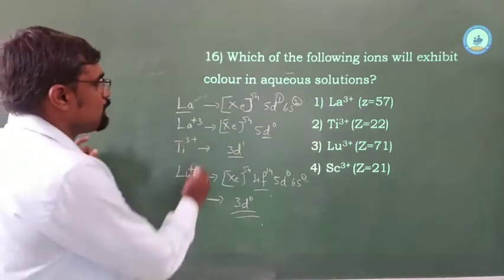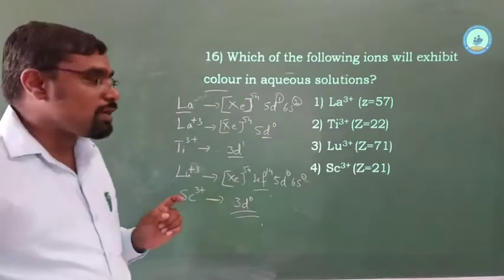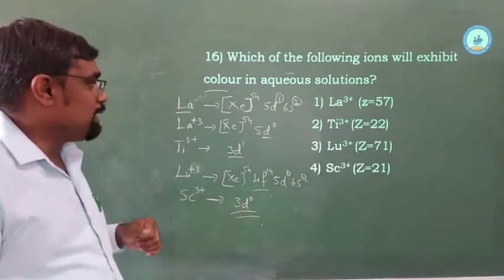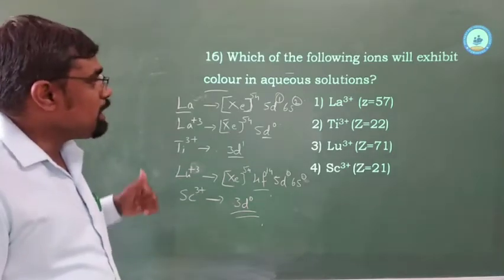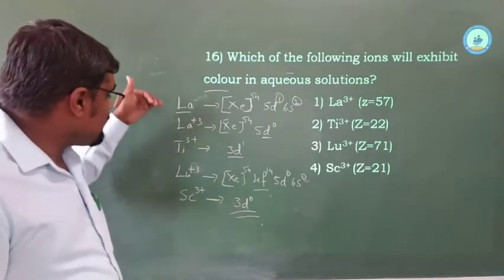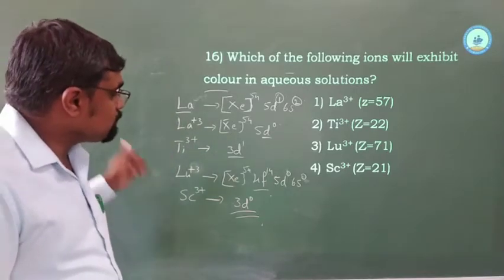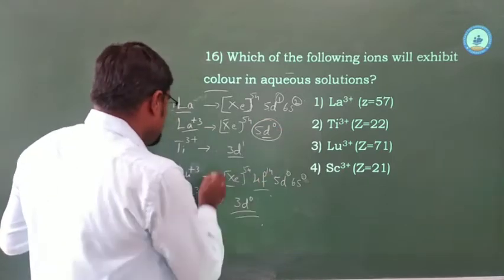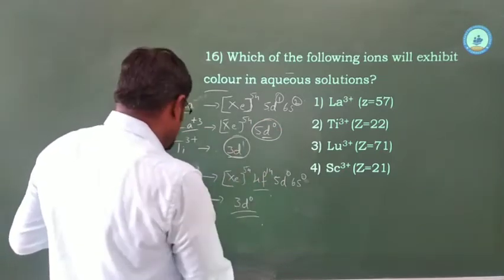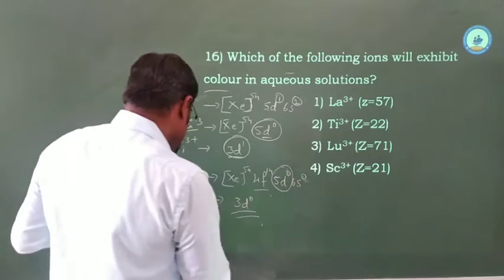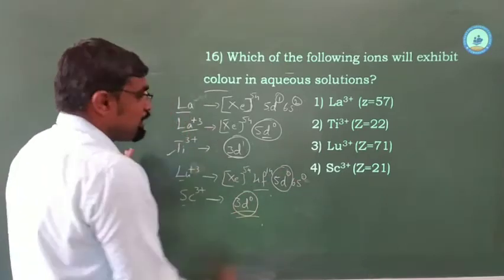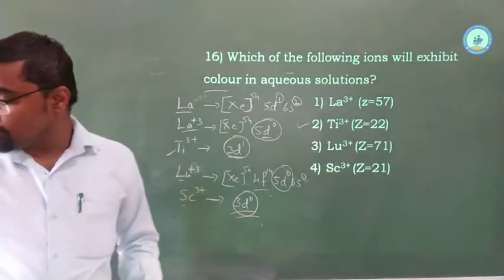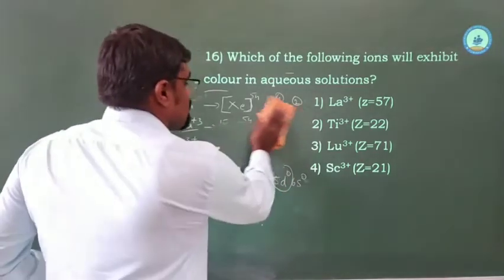To show color, a d electron must be present. Lanthanum has 0, titanium has 3d1, lutetium has 0, and scandium has 0. So titanium has 1 electron, and that is the case. Understand that? Go for next.